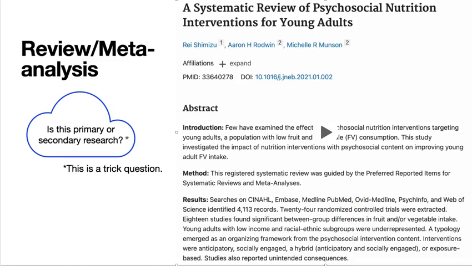So this is a systematic review. Is this primary or secondary research? Well, if you've noted the asterisk right there, you'll note that this is a trick question. This is tertiary research because you are compiling journal articles that have already been published and the data from those journal articles.